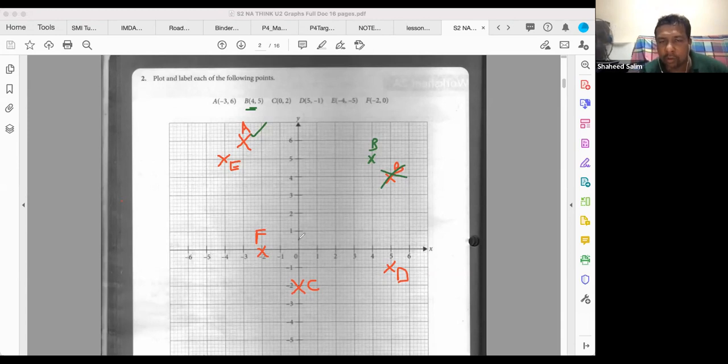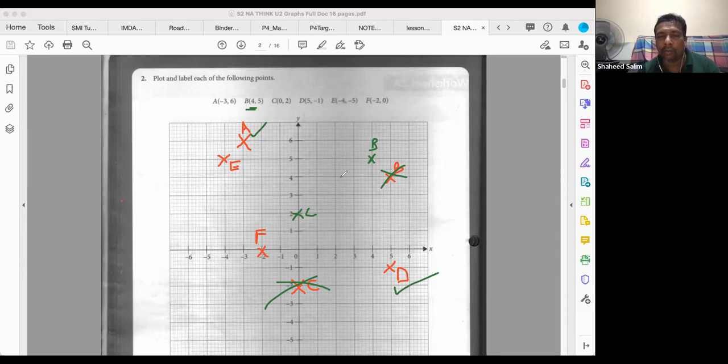Next one, C. C is 0, 0, 2. 2 is here. That one is minus 2. This one is C. You know what lesson this is, right? Maths with Singlish. Okay. Now, boys and girls, you can see now 5 minus 1. 5 minus 1. Correct. D, correct. And then E. E is minus 4.